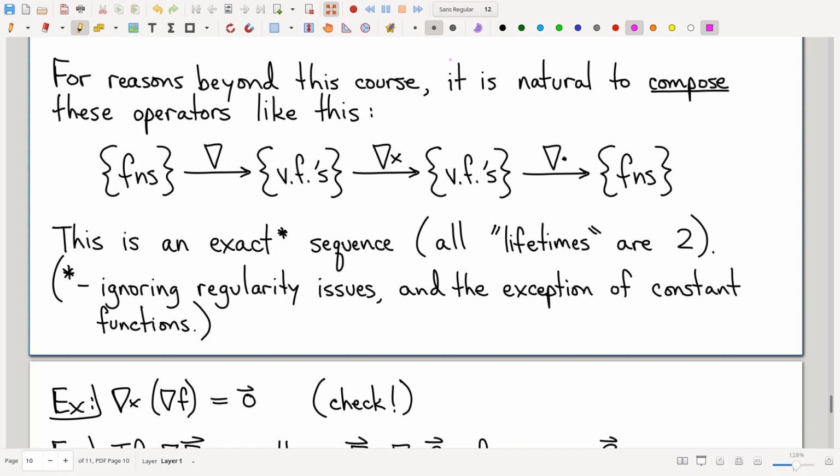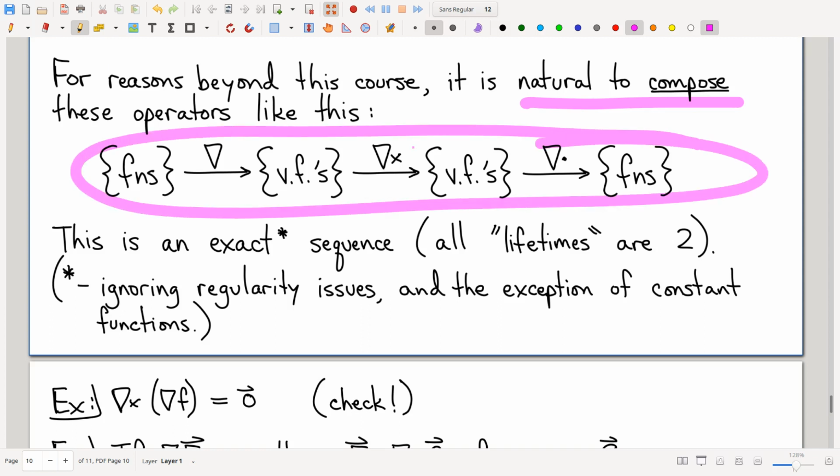So this is modern, recent, like less than 100 years old math, which obviously I can't tell you the whole story, but cutting out all the formality and the rigor and the abstraction and just cutting it down to the bare bones, how do these things kind of in some sense relate to each other? It turns out that it's very natural to compose those operators in this order.